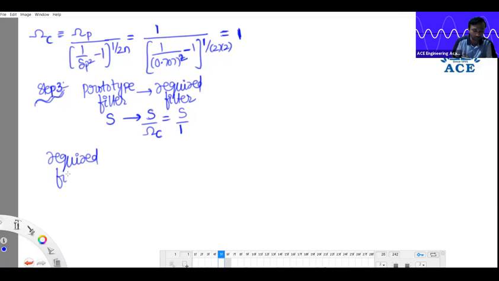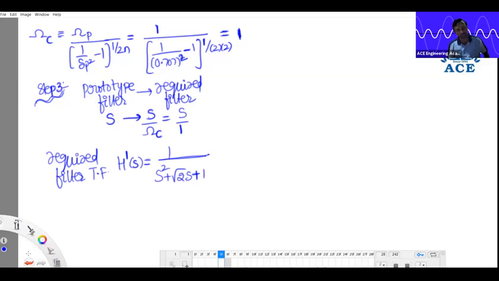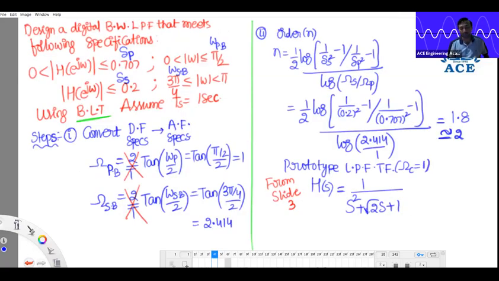So what is the required filter transfer function for us? That is represented as H dash s, which is same as original, 1 by s square plus root 2s plus 1. From our previous slide, we know the prototype filter transfer function.